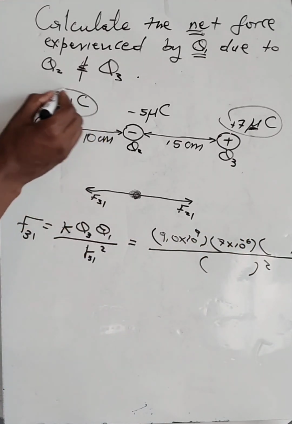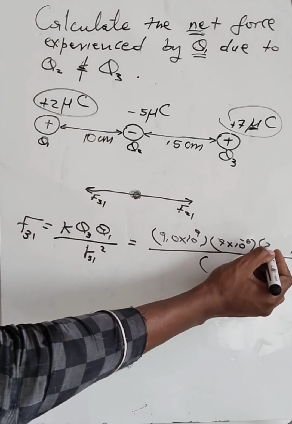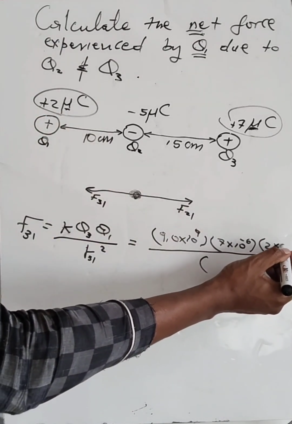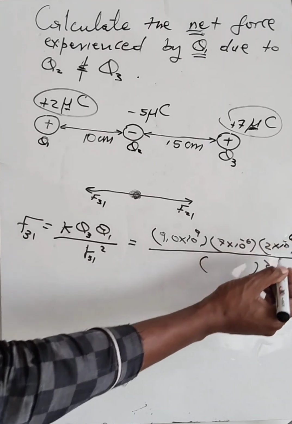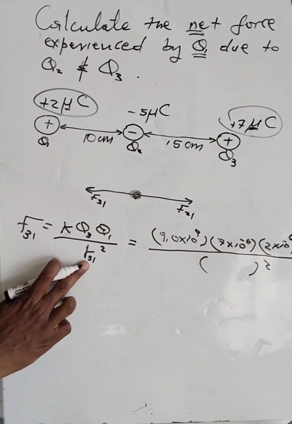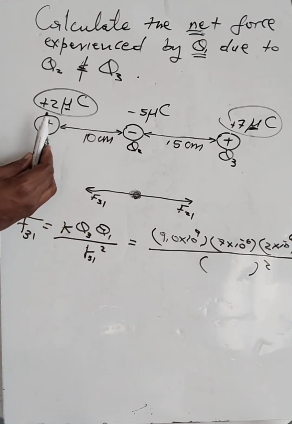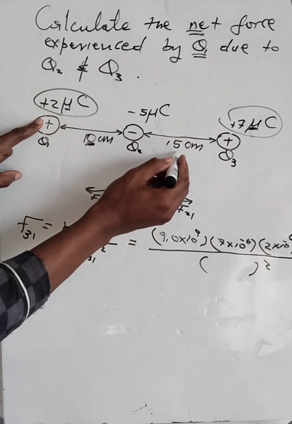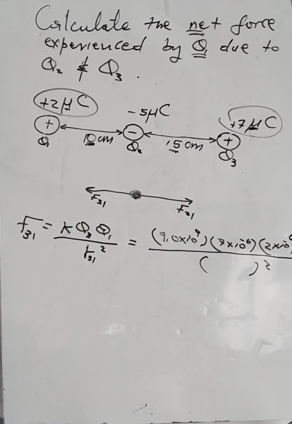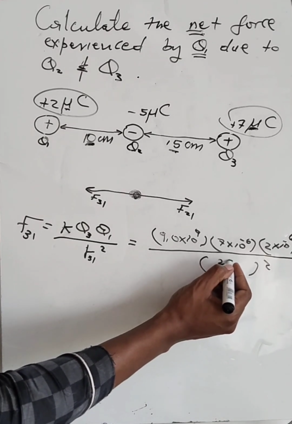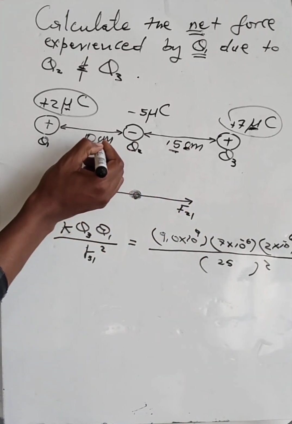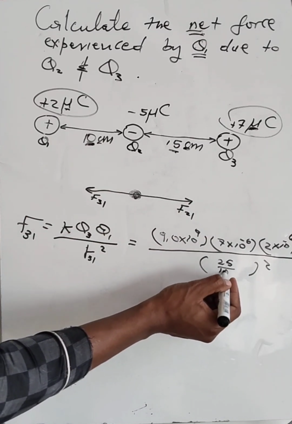Q1 is 2, also micro, so we multiply by 10 to the power minus 6. The distance between 3 and 1 is 10 plus 15, which is 25. But it is in centimeters and we need meters, so we divide by 100.